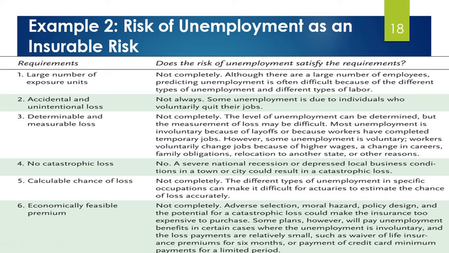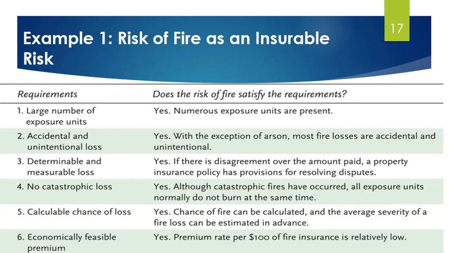It is also not possible to calculate chances of loss, as it is not really possible to predict unemployment. And finally, there is no feasible premium for unemployment. So unemployment is not an insurable risk, but risk of fire is an insurable risk.